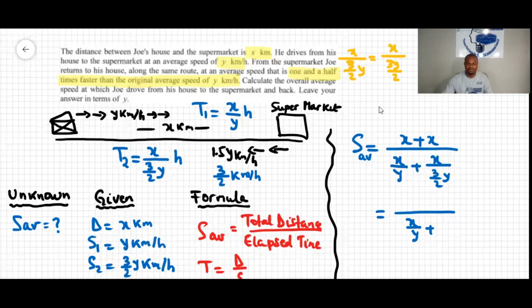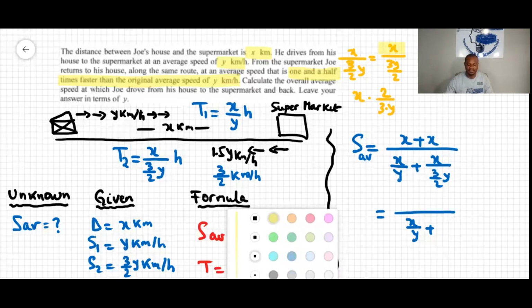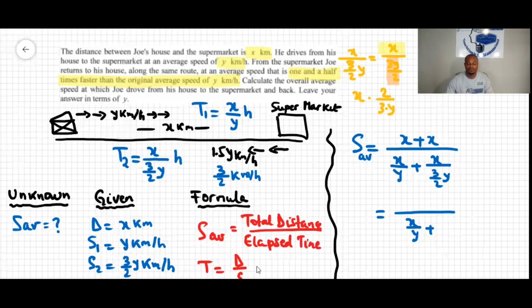Now, when we have a fraction over another fraction, we multiply the first fraction by the reverse of the other fraction. So we take the first fraction, which is X, and multiply it by the inverse of the second fraction, which is 2 over 3y. So X times 2 over 3y, where X is also like X over 1.